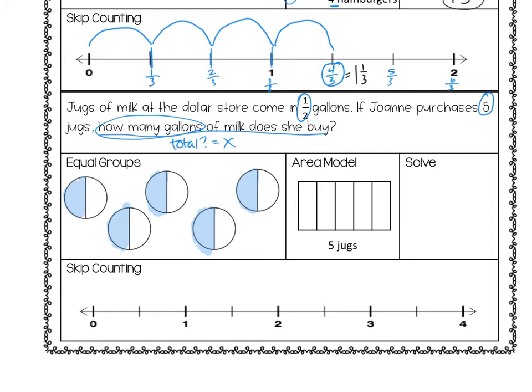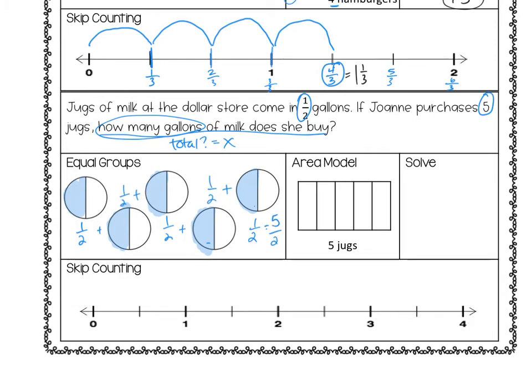That means we have 1/2 plus 1/2 plus 1/2 plus 1/2 plus 1/2. That means we have 1, 2, 3, 4, 5 halves.